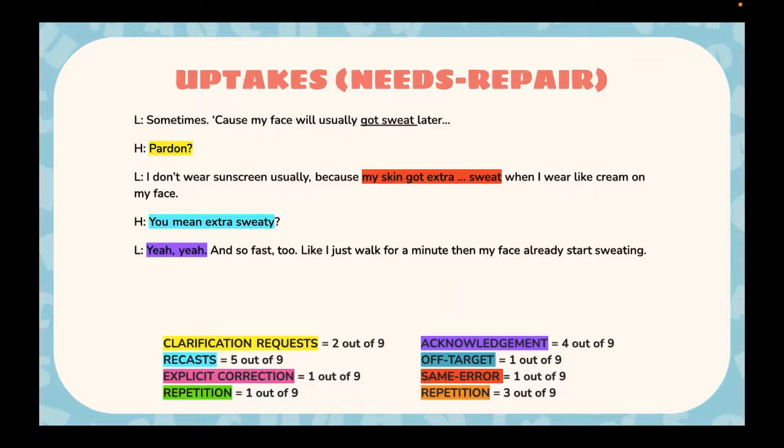So again, H immediately recast or reformulated by giving the correct form of the word, which means extra sweaty, and then later L immediately acknowledged the fact that it was wrong and she understood the correct form before she actually said it wrong.